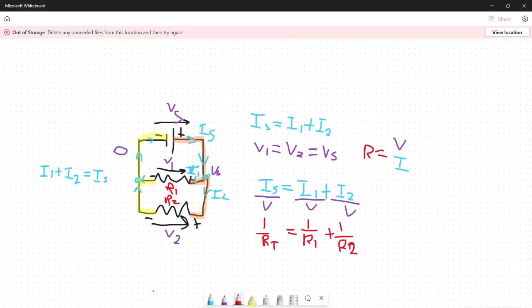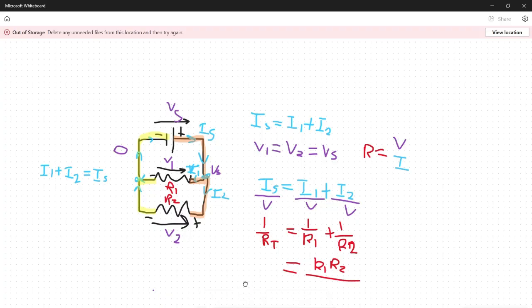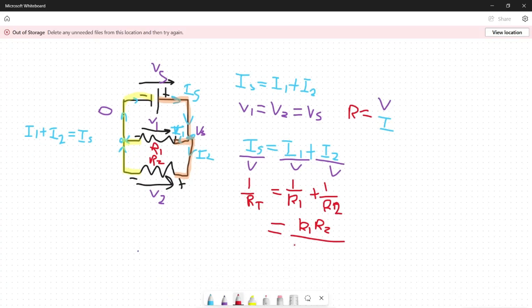And now there is another formula that some people use. I prefer to use the first one in most cases, but I will admit this one does have its benefits sometimes. It is R1 times R2 over R1 plus R2.